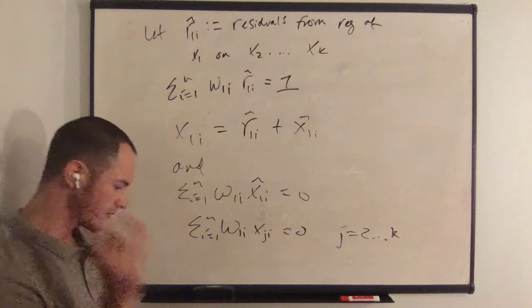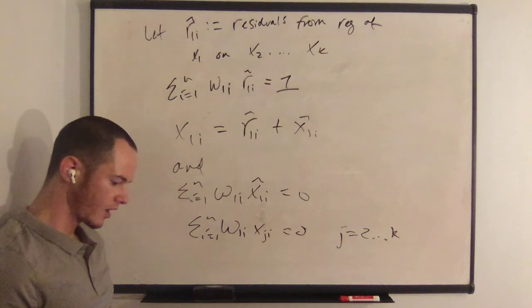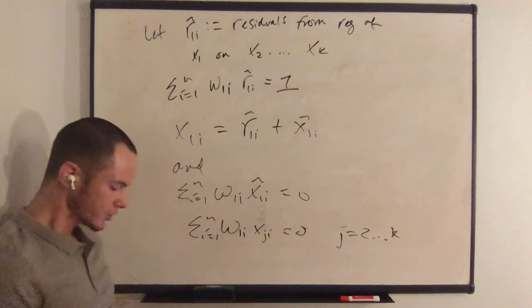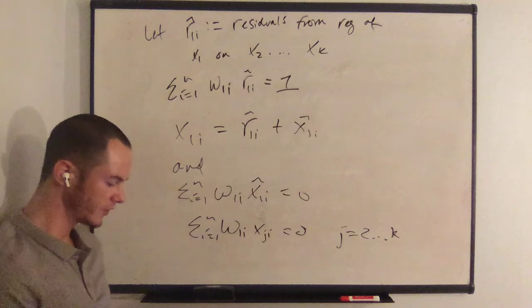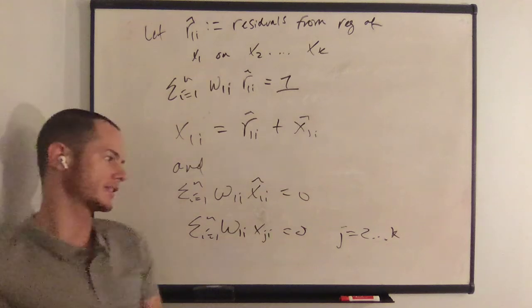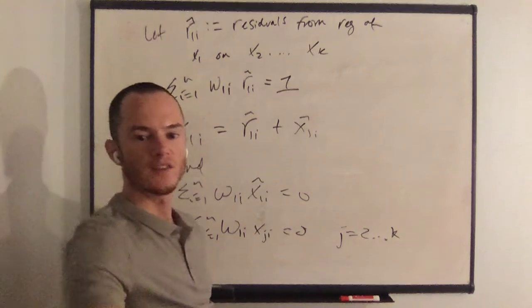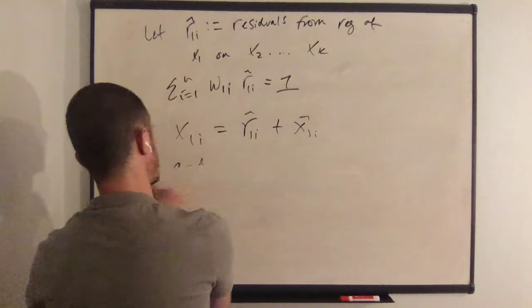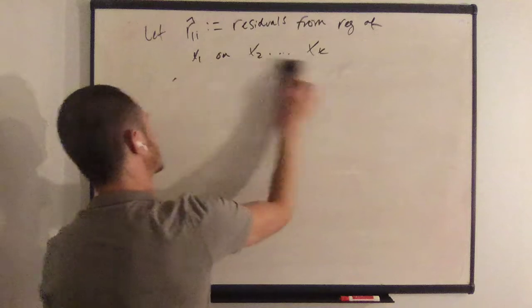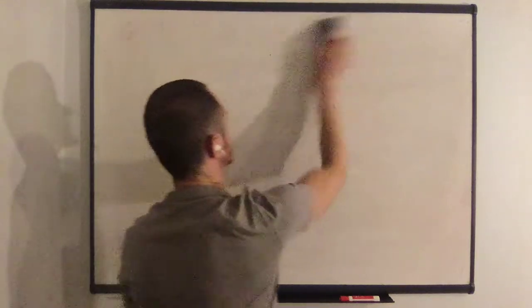All right, so we have our additional tools. We've come up with a linear unbiased estimator. We want to compare the variance of that estimator with the variance of the OLS estimator. So what is the variance of that estimator beta 1 tilde?